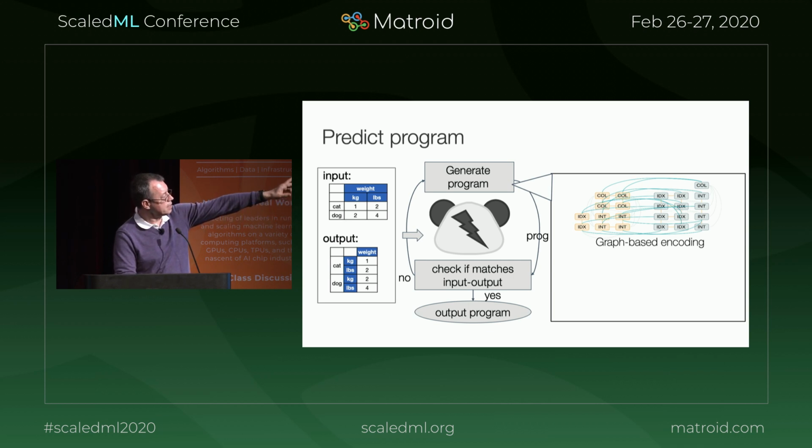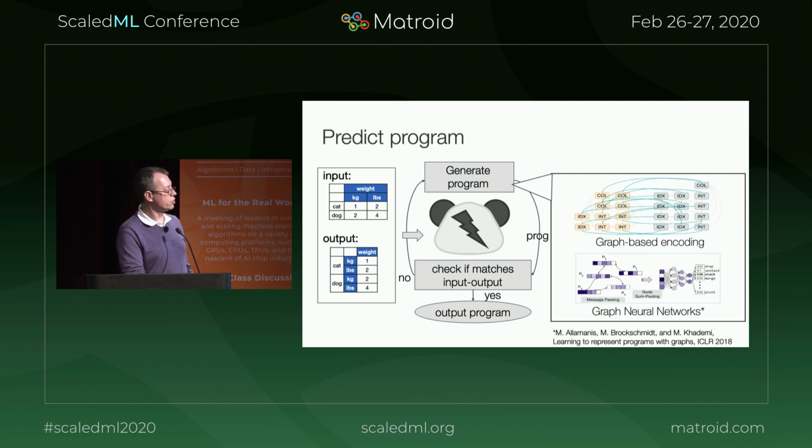The orange edges represent the adjacency between the nodes. And for instance, if you have a weight in a particular cell of the input and the same weight in a particular cell of the output, you draw one of these blue edges. So that's the encoding.